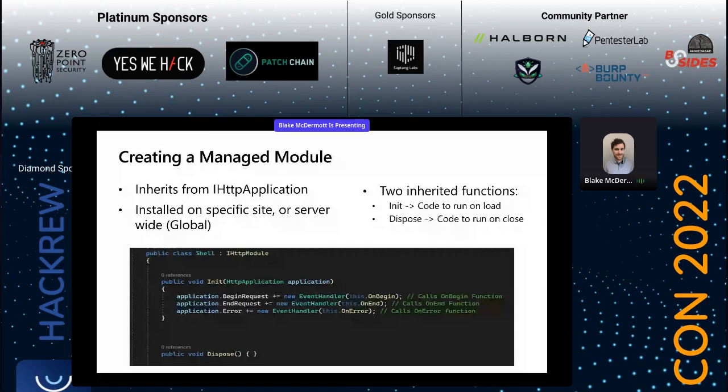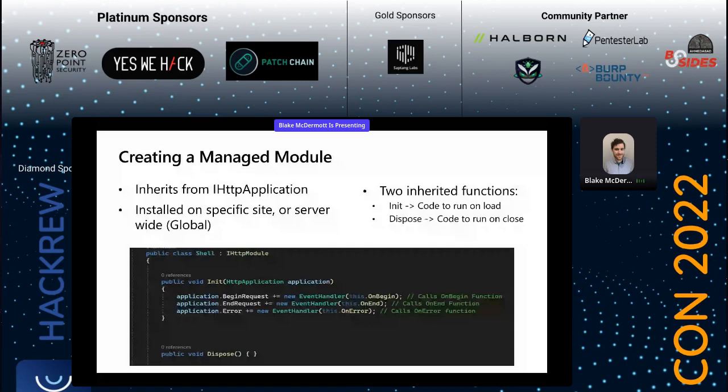If we look at the zoom in of the code, at point 1, we can see the Shell class inheriting the IHttpModule, and the Init function, which gets passed the HttpApplication, which is a representation of the specific web service that this module is installed on. At point 3, we can choose the event triggers that we want to hook from this HttpApplication.